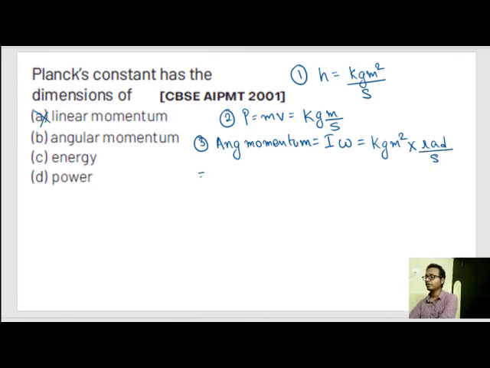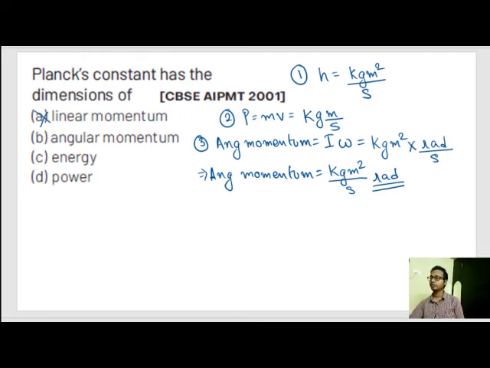So our unit of angular momentum is kg meter square by seconds into radians, and we also know that radians is dimensionless. That means radians becomes worthless in terms of units and dimension. So is it matching? H is kg meter square per second and angular momentum is kg meter square per second. Yes, it's matching.